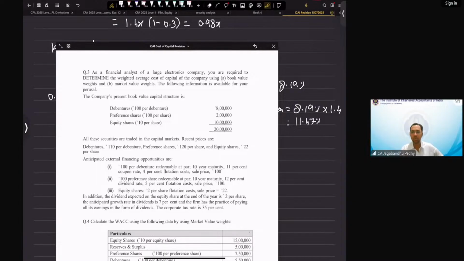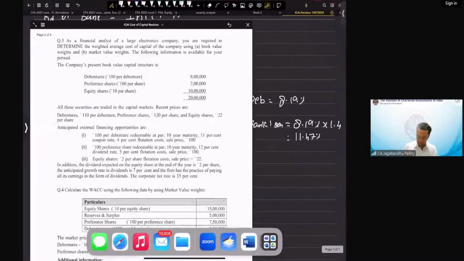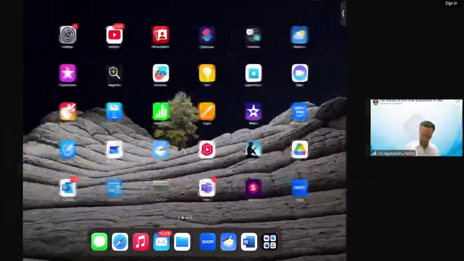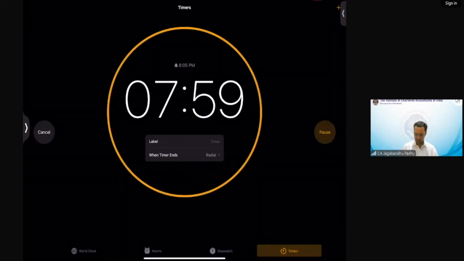We can use the approximate method. So I would like you to solve this, and for that we can definitely put up a timer. This is something which is easily doable. Let me just put up a timer for 8 minutes. That should be sufficient.